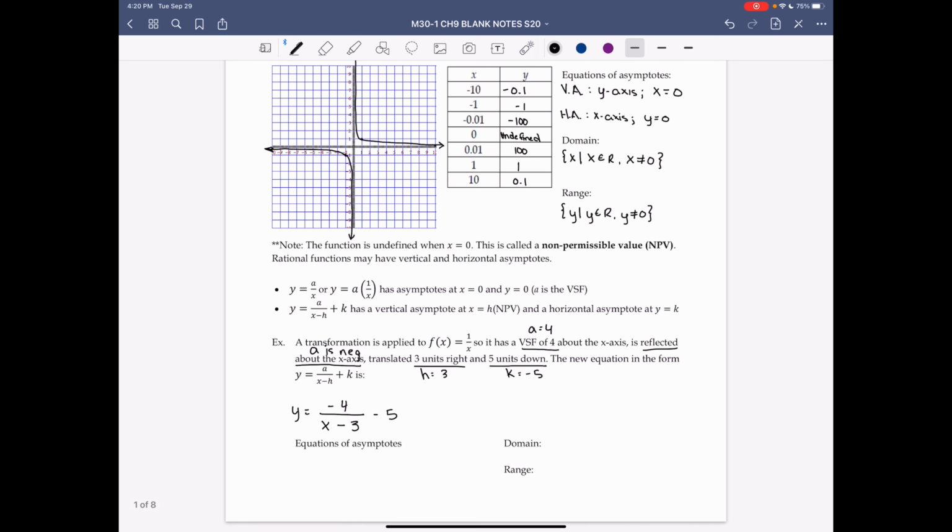The equations of the asymptotes: we just saw that when it's in this form, y equals a over x minus h plus k, it has a vertical asymptote at x equals h. So our vertical asymptote is at x equals 3, and it will have a horizontal asymptote at y equals k, which is negative 5.